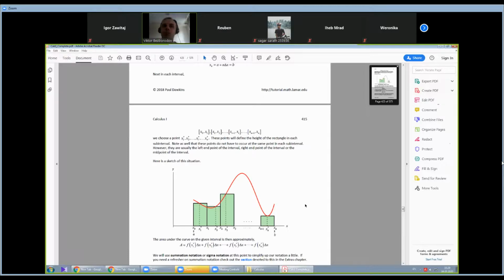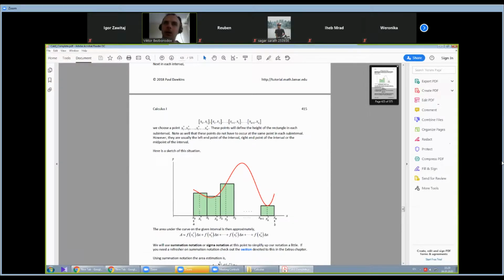And furthermore, the sum that you compute is the sum of the areas of the rectangles, which you have here, right?